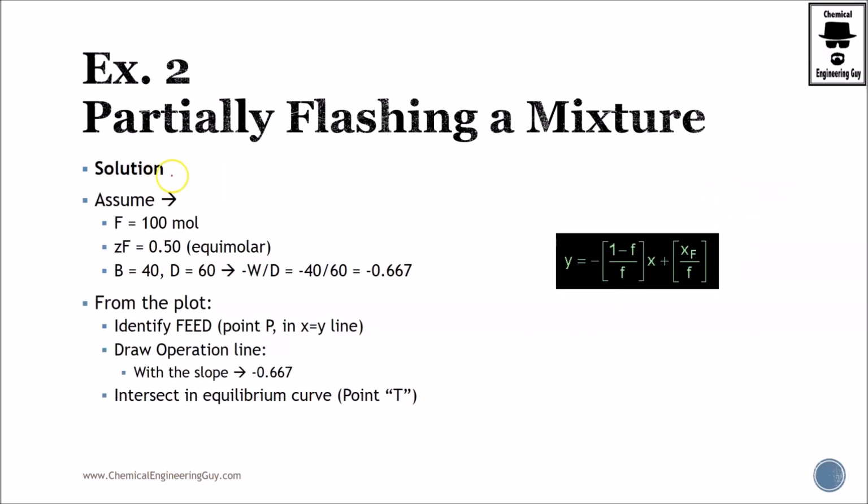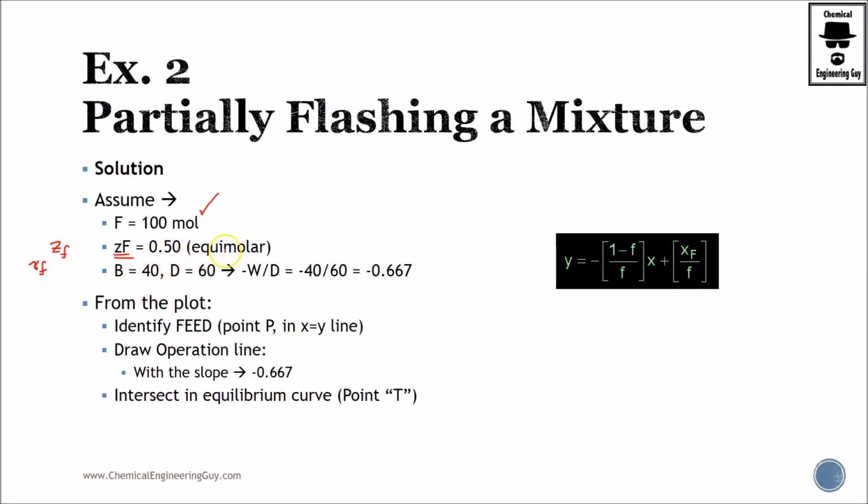Okay guys, so the solution will be a similar approach. We will select a basis for calculation, 100 mole. You can choose 1 mole if you want to. I prefer 100 mole. And I am using another notation. Remember that C is also used for the inlet of the feed. You can use XF or CF. Those are the same.